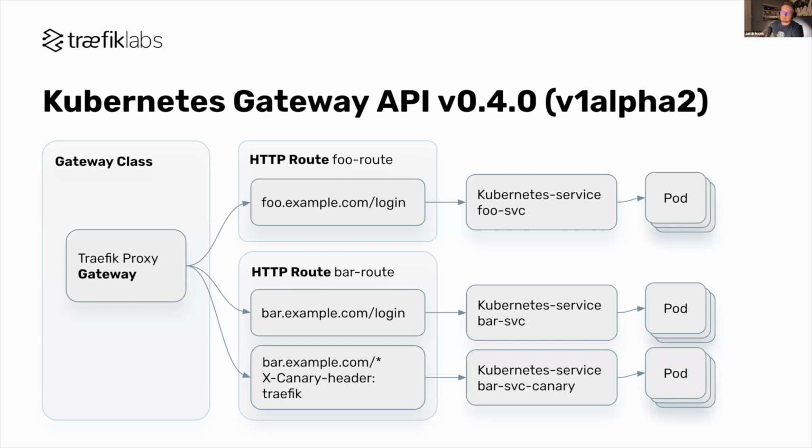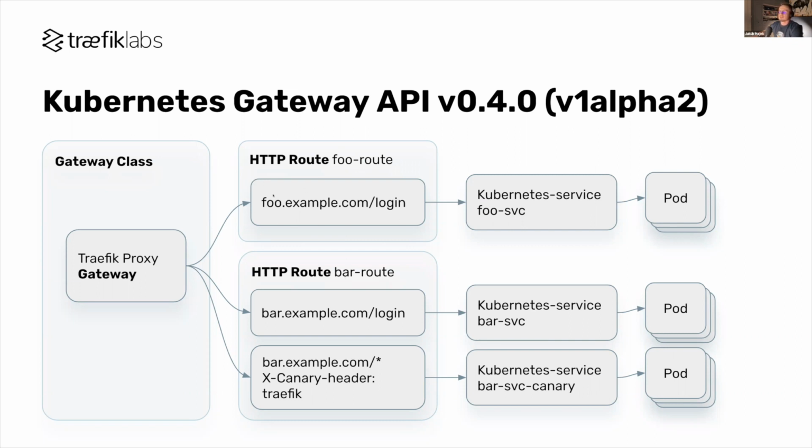From the diagram perspective, for me the diagram helps me understand what is happening inside. So in our Kubernetes cluster, once we create a GatewayClass, then we can create an instance of a load balancer, and it will be a Traefik proxy as a gateway. It's a CRD from Gateway API, and then we can create HTTP routes. In that case, it will be foo route or bar route.